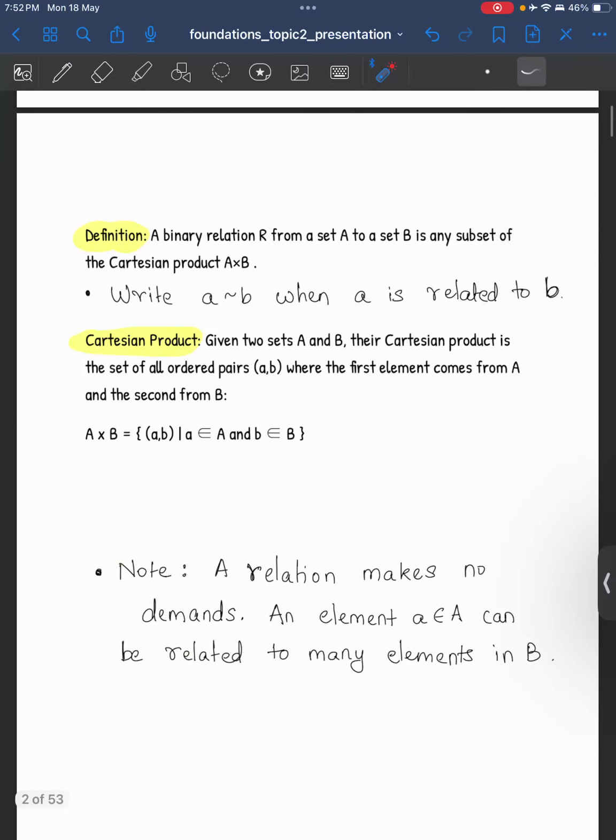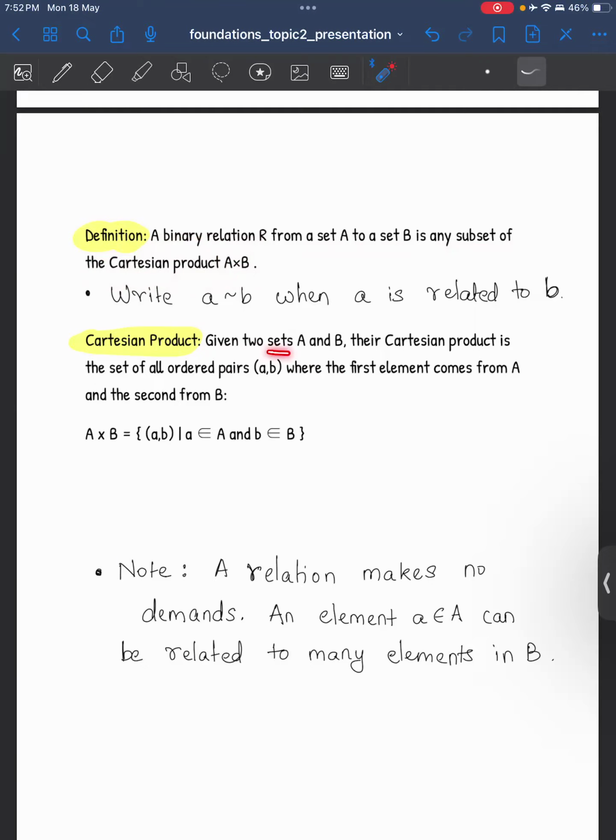A binary relation from a set A to a set B is any subset of the Cartesian product A cross B. Let's quickly go over what a Cartesian product is. Most of you might know it.